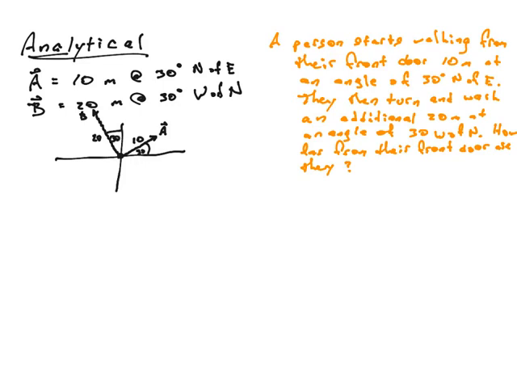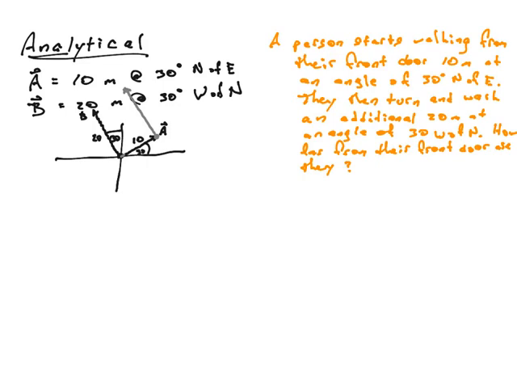And if they do those two things, where will they end up? Of course, when you think about what the person's actually doing, they walk vector A, and from vector A, they then do vector B. Right?